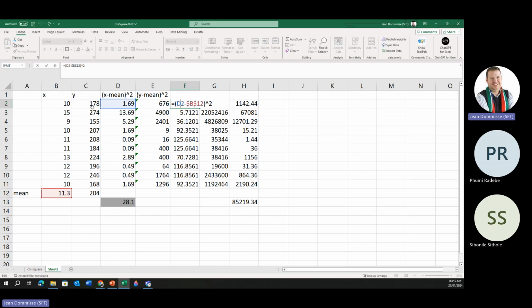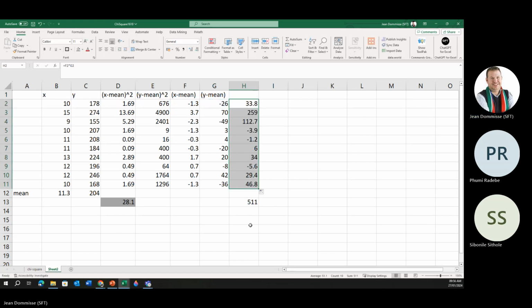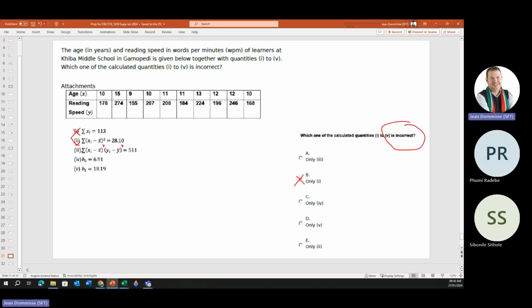So it is not to the power of 2. So again, I'm setting this up so that you guys can use it if you need to put in your own numbers. Okay, there we have 511, which is for 511.